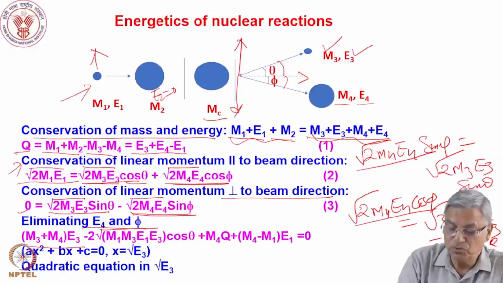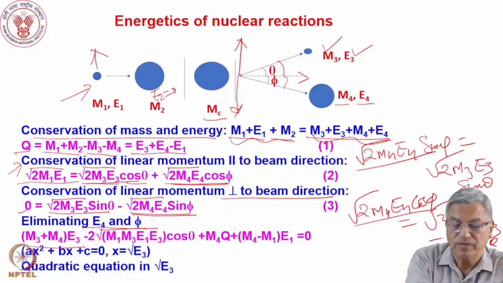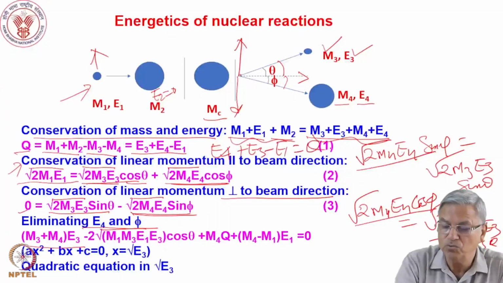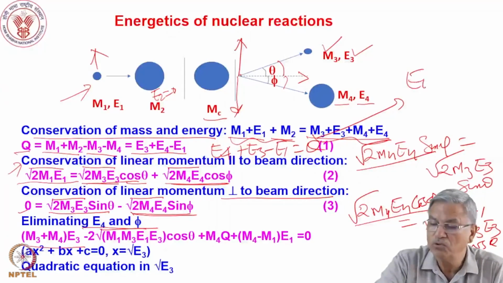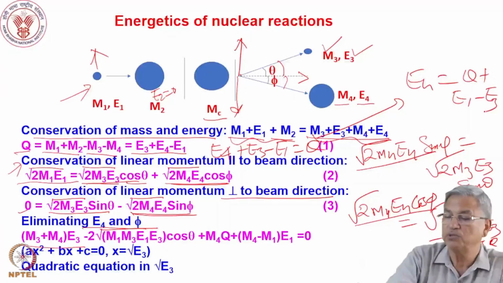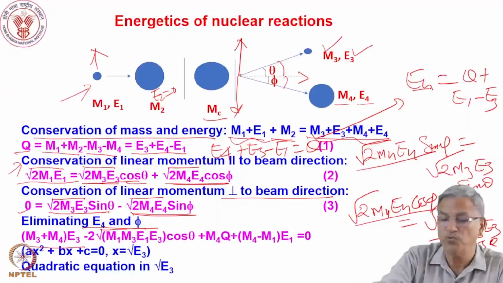So you can substitute e4 in terms of q and this one. So see here you can replace q equal to e4 plus e3 minus e1. So you can write e4 equal to q plus e1 minus e3. So you can substitute for e4 in terms of q, e1, e3.